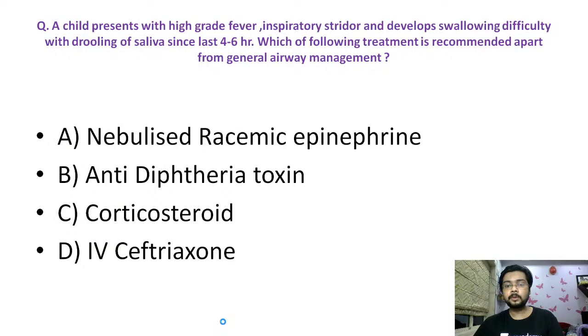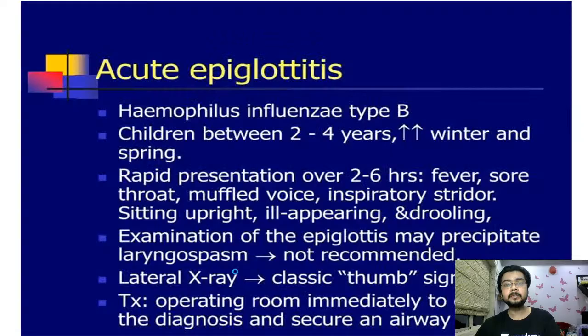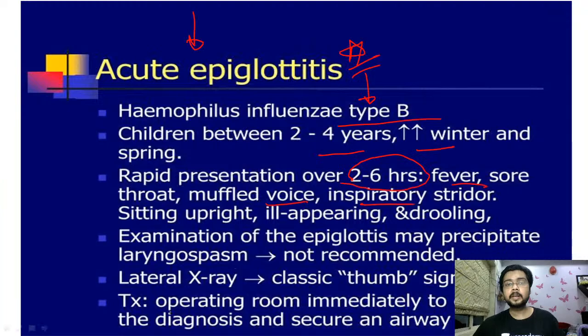Nebulized racemic epinephrine you can give. Anti-diphtheria toxin is not in the management. Corticosteroid is not given; it is basically given for croup, where there is an acute inflammatory reaction and bacterial toxin. Yes, IV ceftriaxone is the treatment of choice in acute epiglottitis. So here the most favored answer is acute epiglottitis.